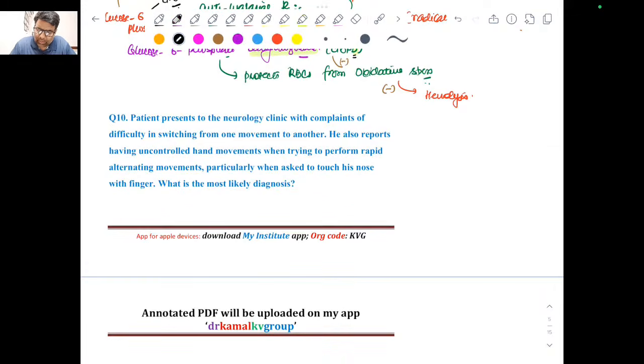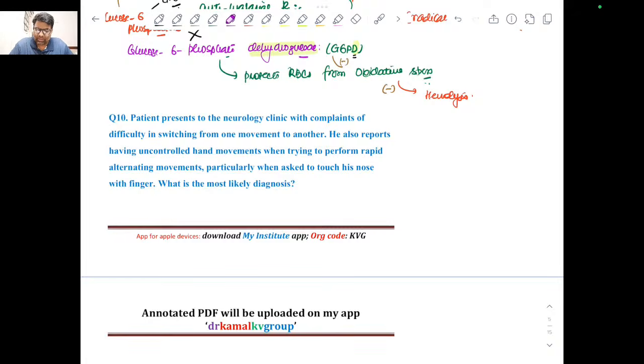Now moving forward to the next question, and here a patient presents to the neurology clinic with the complaints of difficulty in switching from one movement to another.